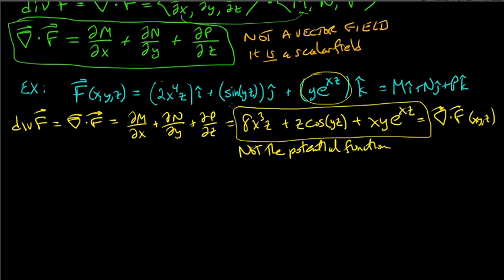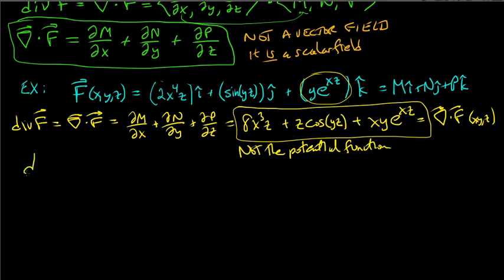I mean, I guess you can ask the question, well, can it ever be the potential function for some vector field, right? And again, I don't know the answer to that. I haven't thought enough about that. It's a good question, right?